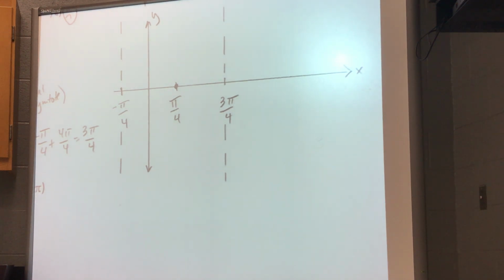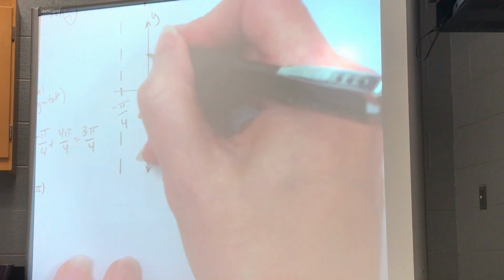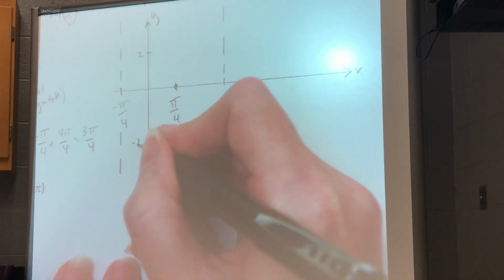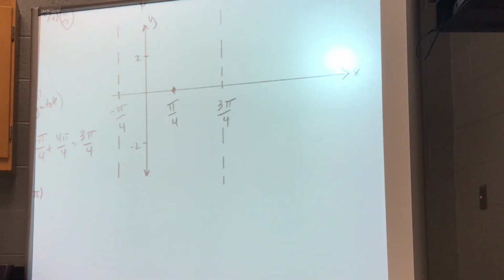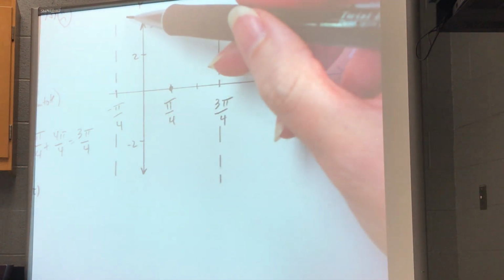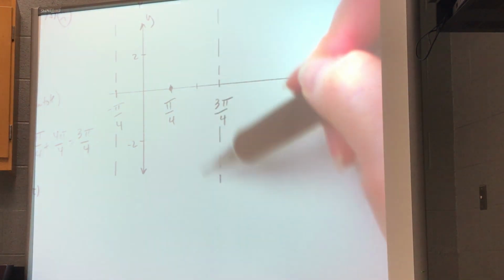Okay, and then what do I need to label on my y-axis? 2 and negative 2. So even though I'm not drawing these to scale, this one should be steeper than the one we just did. Alright, and then we said this is a sad graph, so it's going to start at the top and work its way down.